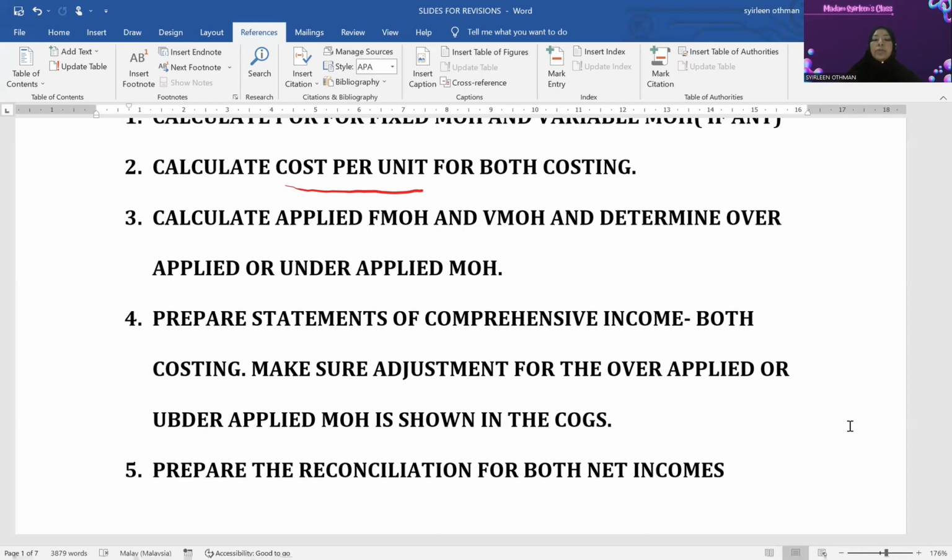So you need to do the reconciliation for both the net incomes, to adjust the figures that you get for the net income in your marginal and in your absorption. Kita tahu kenapa berlaku perbezaan antara pendapatan bersih di marginal costing and in the absorption costing because of the fixed manufacturing overhead in the beginning inventory and also in the ending inventory.